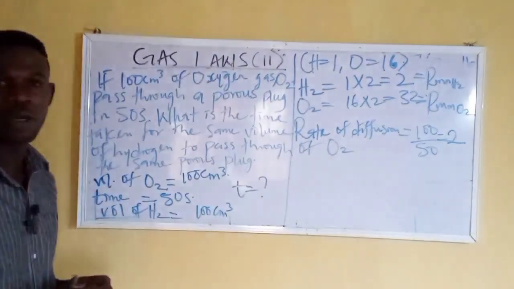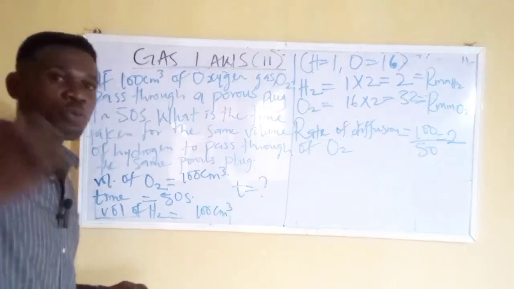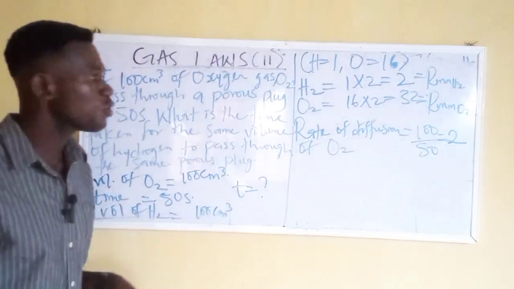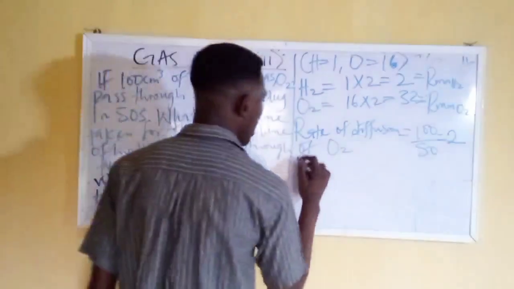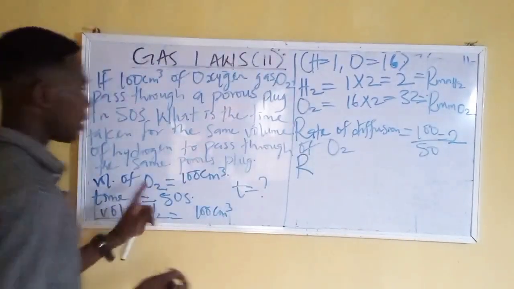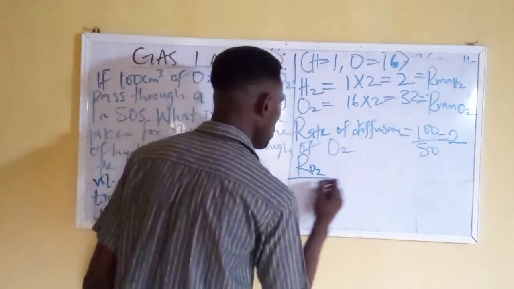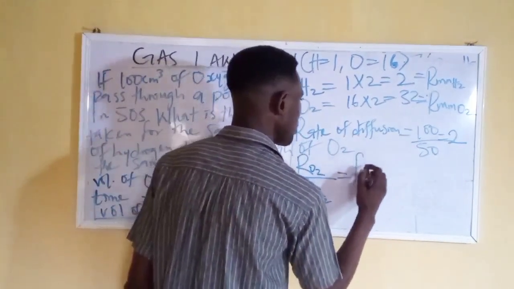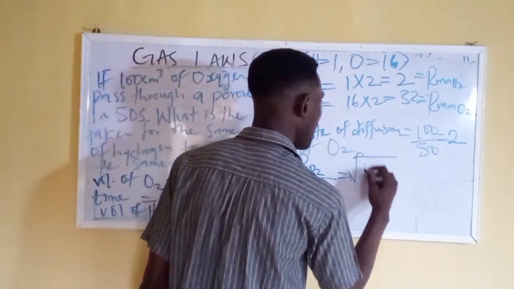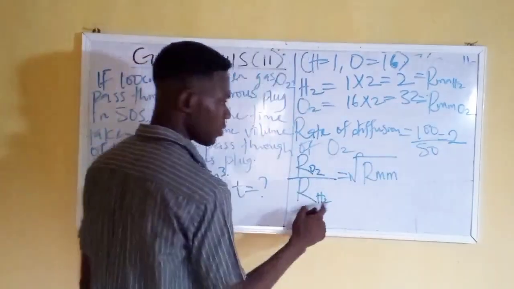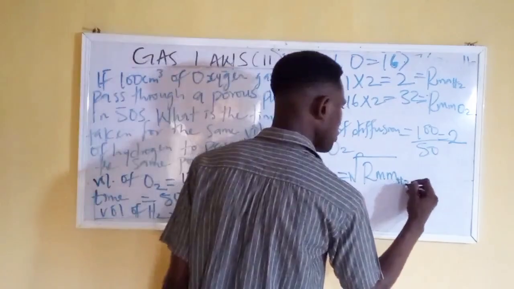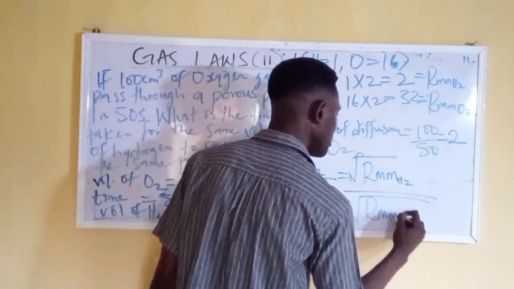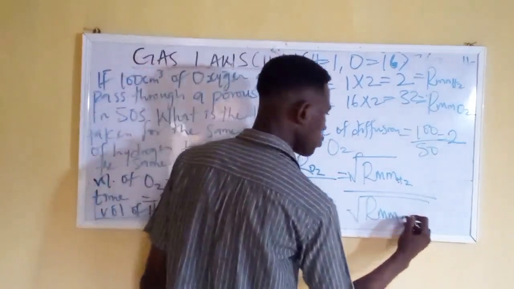But now we have to carry out further calculations, because what was actually requested was the time taken for hydrogen. So you can impute this formula. R for O2 over R for H2 equals root RMM of H2 over root RMM of O2, the inverse of this now.